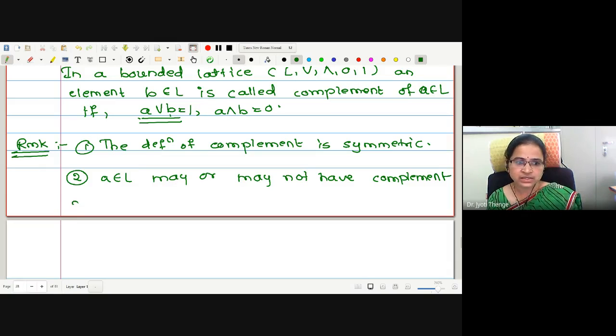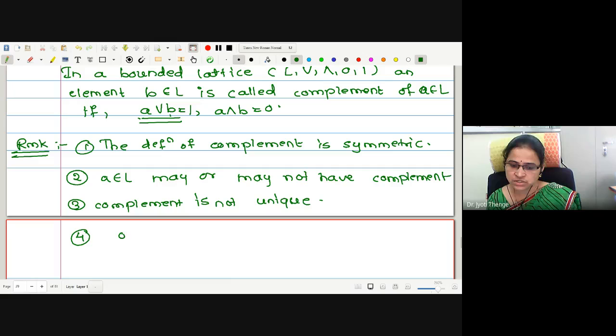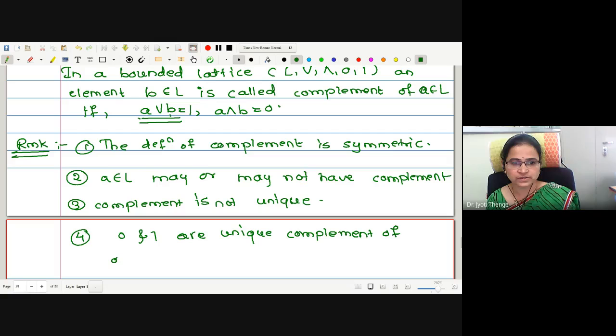Next, complement is not unique. But only for the bounds, 0 and 1 are unique complements of one another.